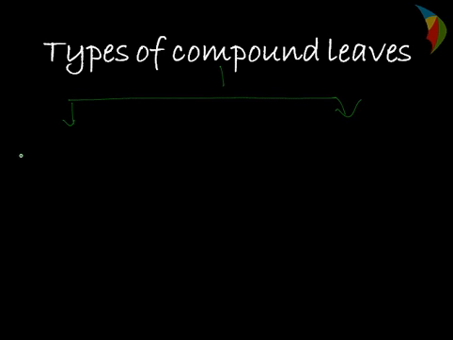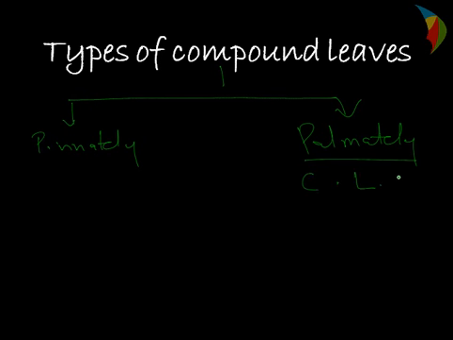One is pinnately compound leaves, and another is palmately compound leaves. Pinnately compound leaves means the leaves are arranged on either side of the rachis along the length of the leaf midrib.